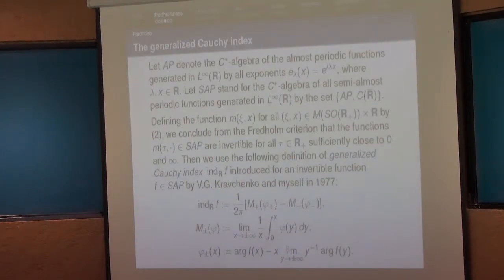This is a linear function and almost periodic. We subtract the linear part, so these functions phi plus minus are almost periodic. Then this operation replaces slow oscillation by values, constants. And we consider the usual Cauchy index with the difference of values at plus and minus infinity, normalized by this multiple. This result was obtained by Viktor Kravchenko and myself in such a year.